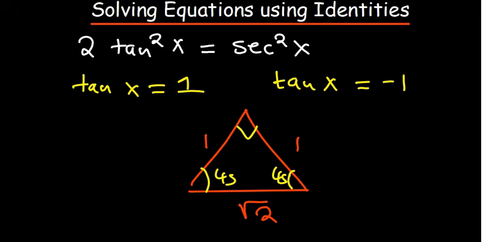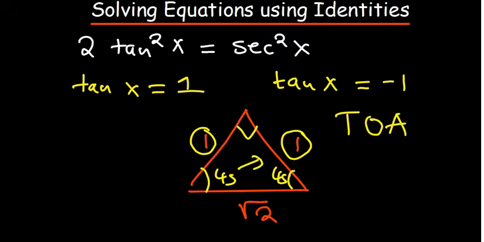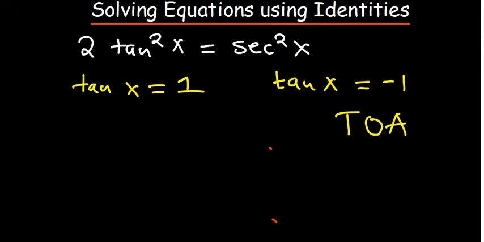SOH CAH TOA tells us for tan it is the opposite over the adjacent. The opposite is 1, the adjacent is also equal to 1. Remember the 90 degrees points to your hypotenuse. So tan 45 is basically equal to 1 over 1, which is just 1. So you can see that one of the first possible solutions of our x is 45 degrees.